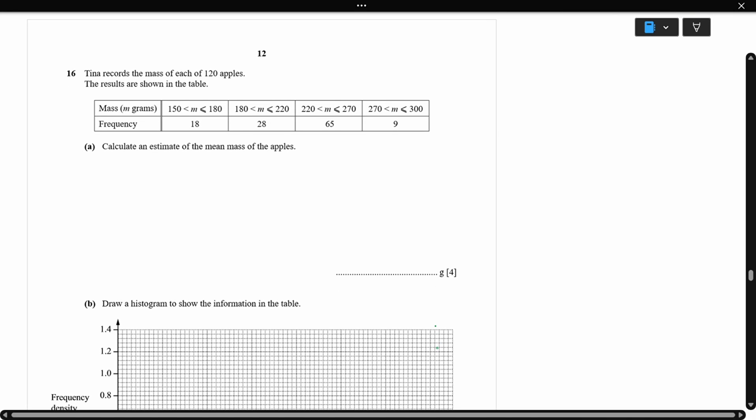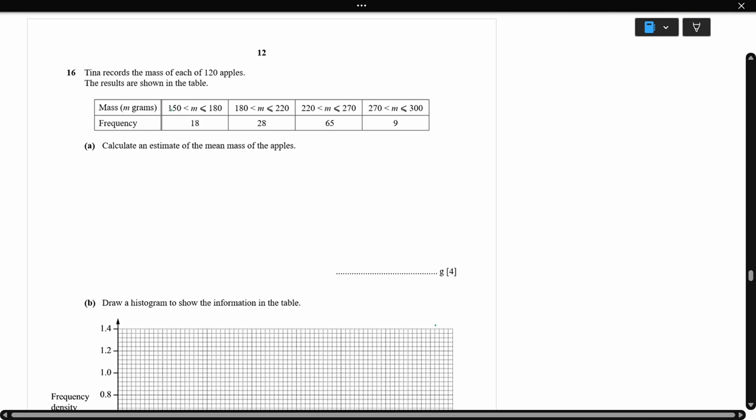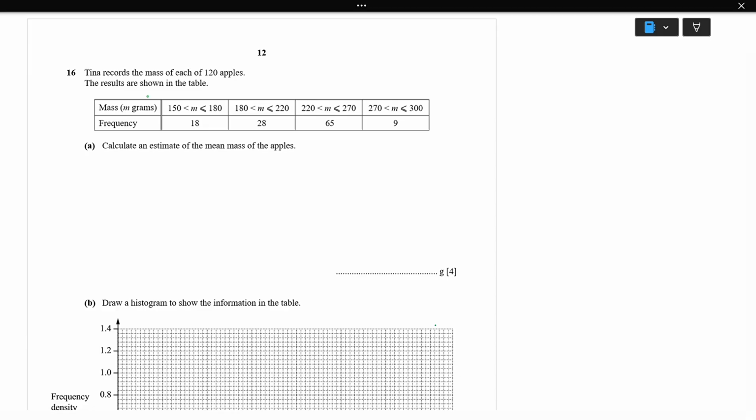Next question 16. Tina records the mass of each of 120 apples. The results are shown in the table. Calculate an estimate of the mean mass of the apples. I'll take the midpoint for every interval. The first midpoint is 165, and a midpoint means we add the upper limit and lower limit and halve it. The next midpoints are 200, 245, and 285.